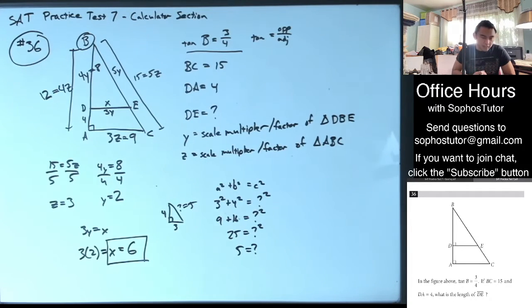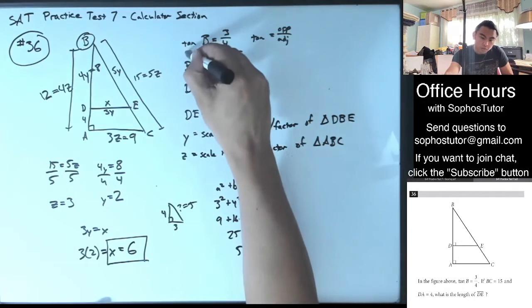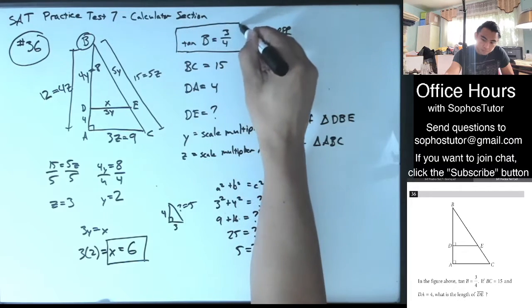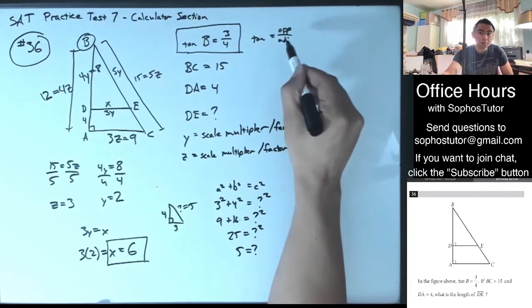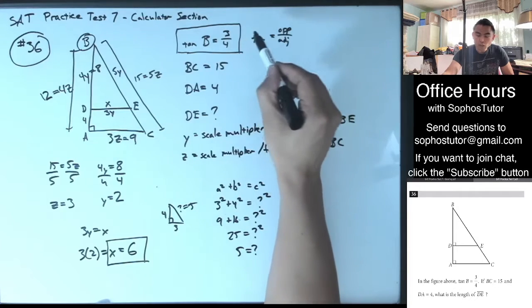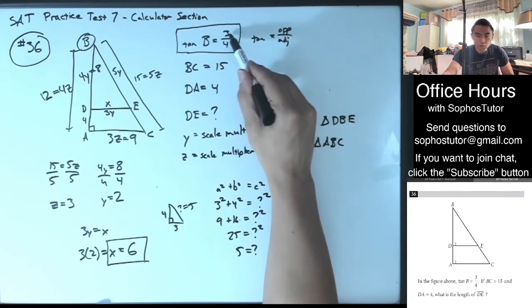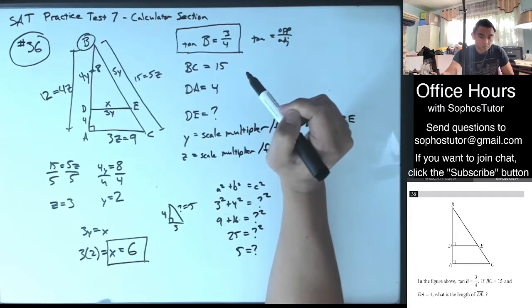So what's the main idea that I want you to get from this trigonometric question? Is that whenever you have a trig function and you are able to identify the proper ratio, you actually want to attach a scale multiplier to both the numerator and denominator of the fraction, right?